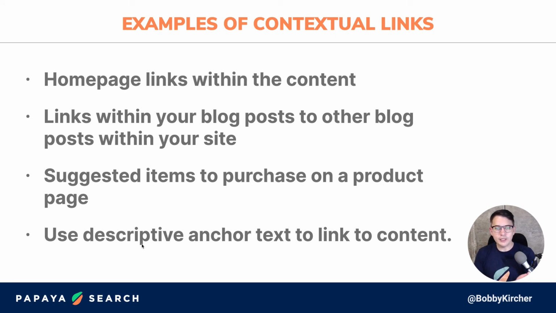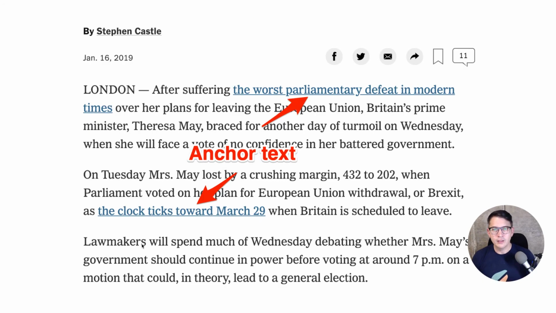Suggested items. So like if you're shopping on an e-commerce site, a suggested item or recommended purchase item, that is also considered contextual text. And like I said, use descriptive anchor text. If we go back and look at the worst parliamentary defeat in modern times, I mean, pretty dramatic text, right? But it describes what this is.